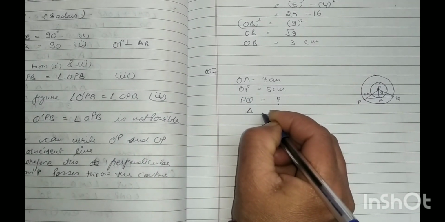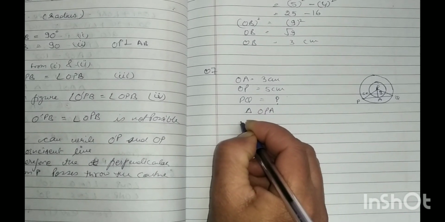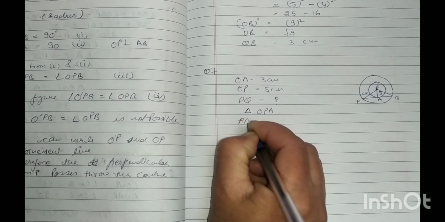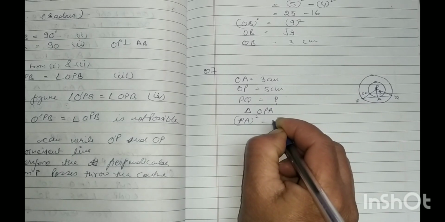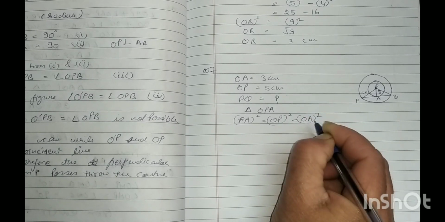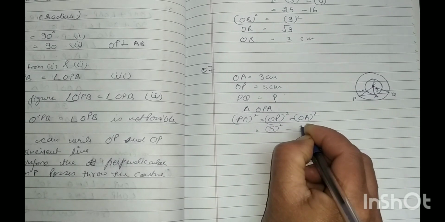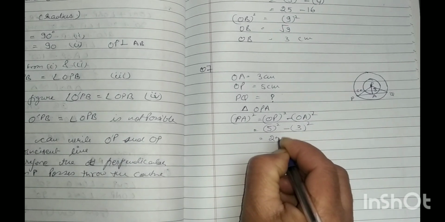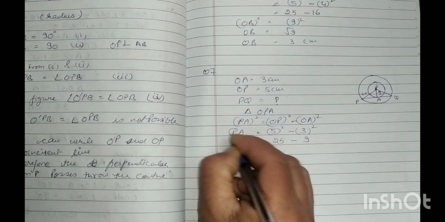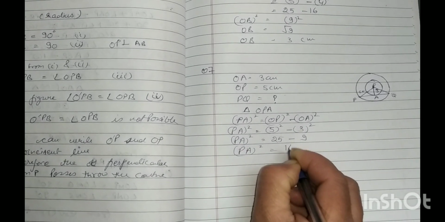In triangle OPA, PA square equals OP square minus OA square, equals 5 square minus 3 square, 25 minus 9. So PA square equals 16.